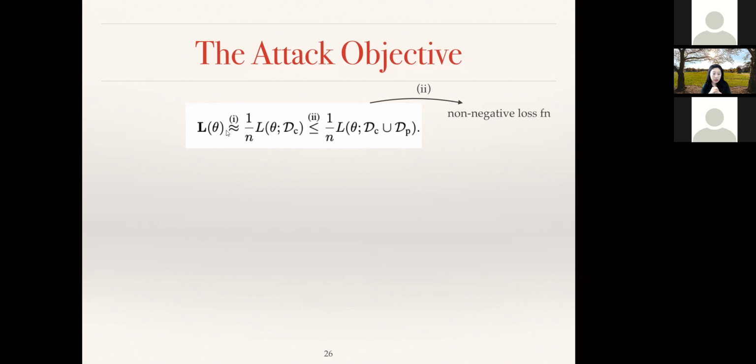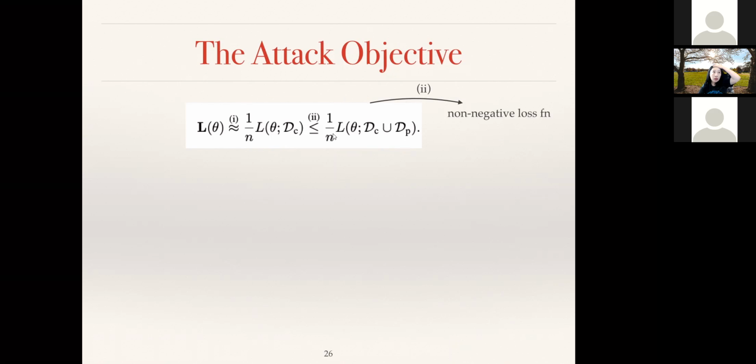As I said, in this causative attack scenario, you can only inject new examples. You cannot modify. So that's why the original loss, you can see, is the loss on these n examples. If you inject the poison, then the loss would be greater.